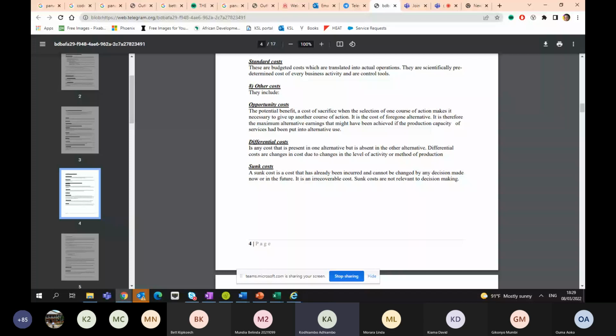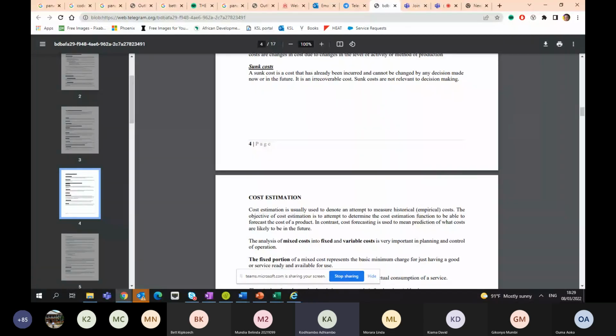Then sunk cost. Sunk cost is cost that you've already incurred. Should this come up in an exam question, when you're reviewing new opportunities, you can do away with sunk costs. Does that make sense? If you've already incurred a cost, you can't use it to make a decision between two opportunities.